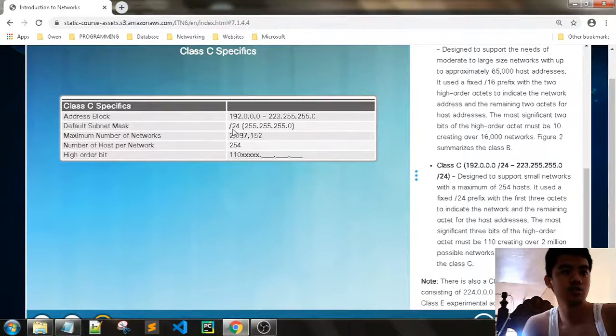The default subnet mask is /24, the maximum number of networks is over 2 million, and the number of hosts per network is 254. I think this is the most commonly used type of network, class C.